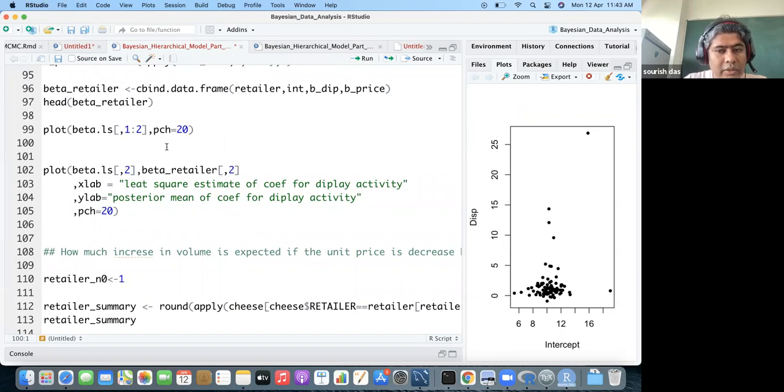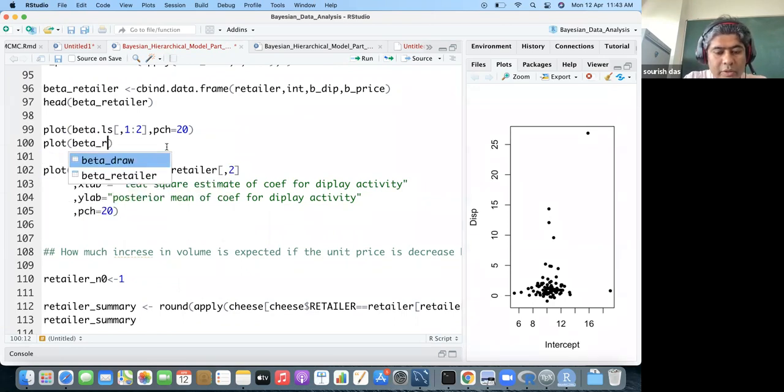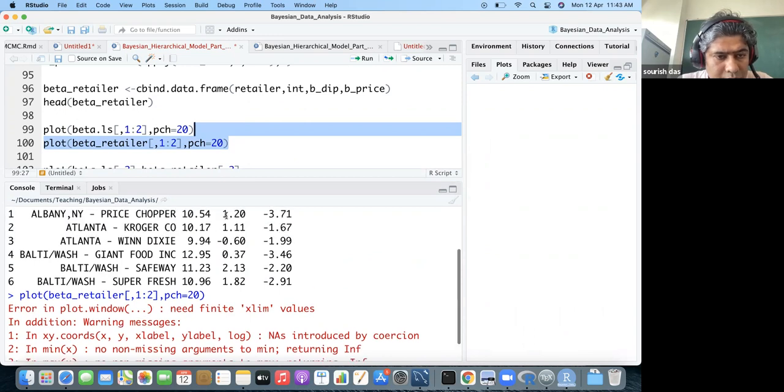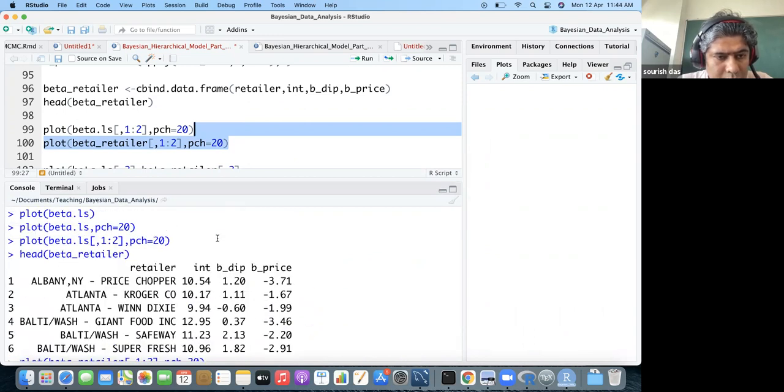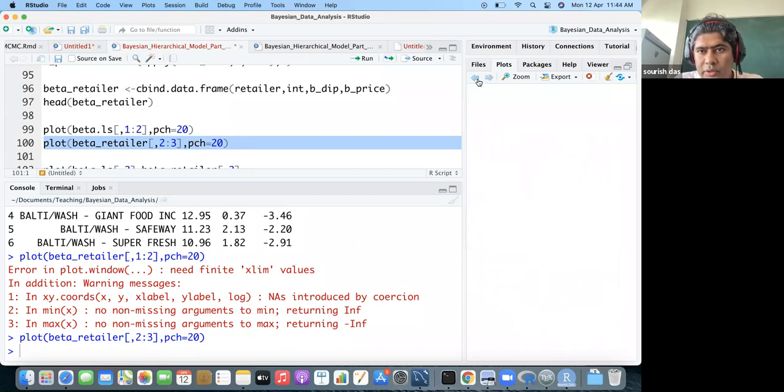And then plot beta retailer, columns 2 to 3, because the first one is the intercept.